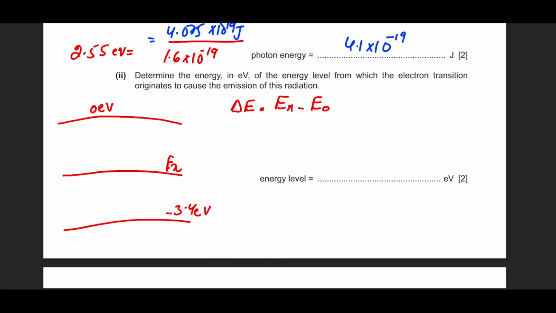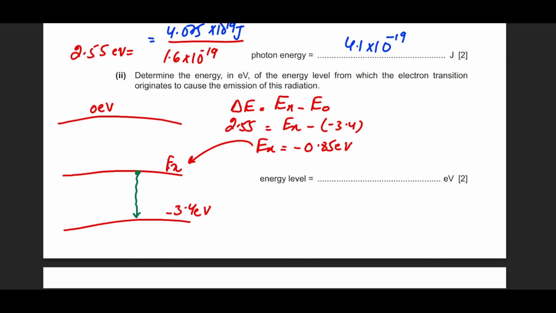So this change is 2.55 equals the energy level X minus 3.40. So the EX level comes out as negative 0.85 electron volts, right? So the photon that we are observing actually came from this energy level. It came from this point, fell down to this point, and led to the release of 488.